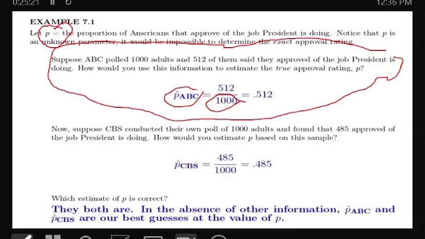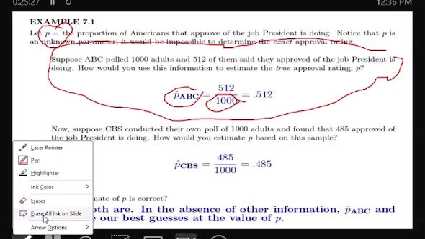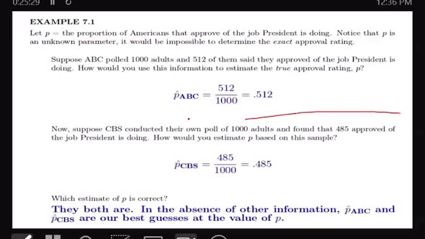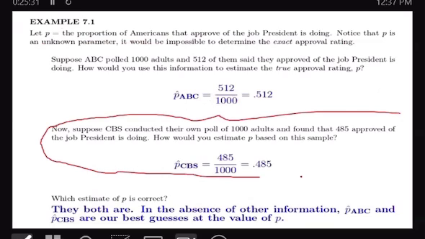You know what happened? Another organization chose a sample of 1,000 Americans, and they found that 485 approved the job the president is doing.